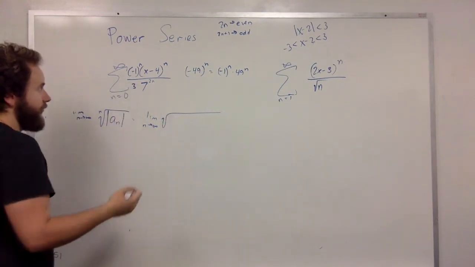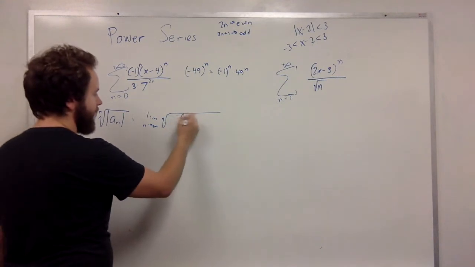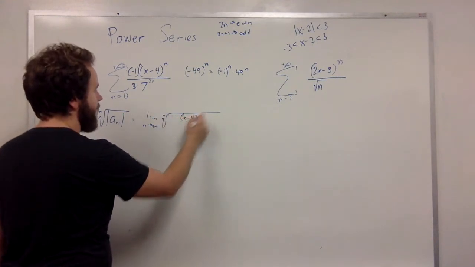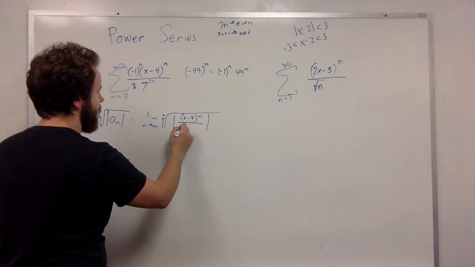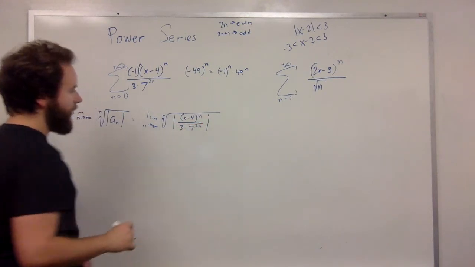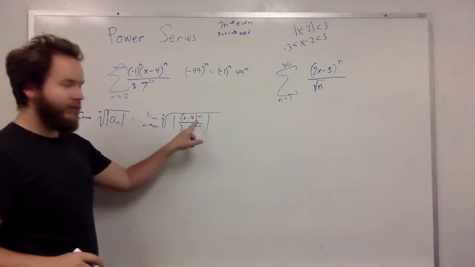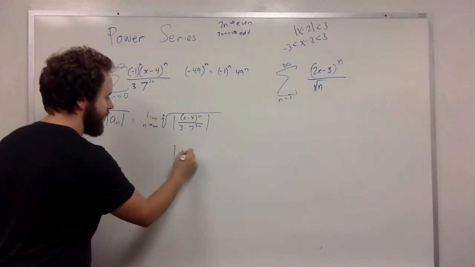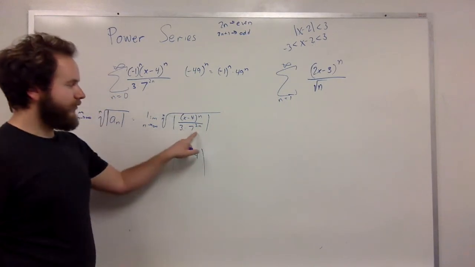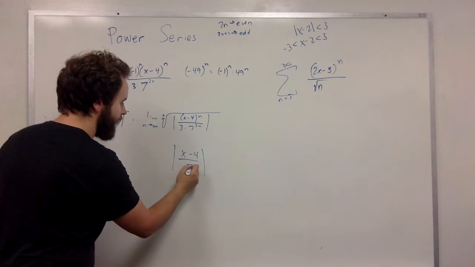The absolute value, of course, gets rid of the negative 1 to the n. You get x minus 4 to the n over 3 times 7 to the 2n. Well, what happens here? When you take the nth root of x minus 4 to the n, you get x minus 4. When you take the nth root of 7 to the 2n, you get 7 squared.